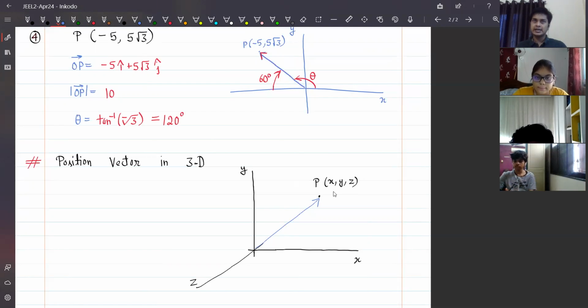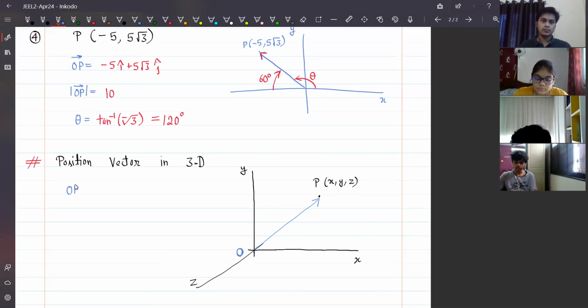So do imagine that, and point P is anywhere in space. The corner that you can see in your front on the bottom left, you can take that as the origin.